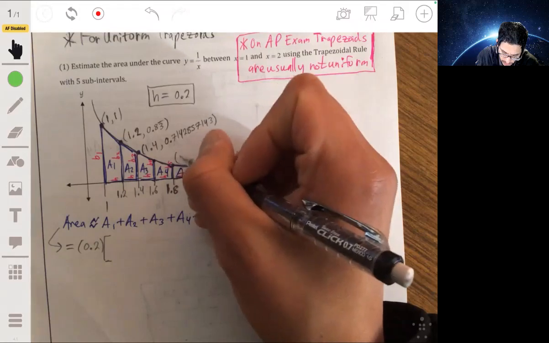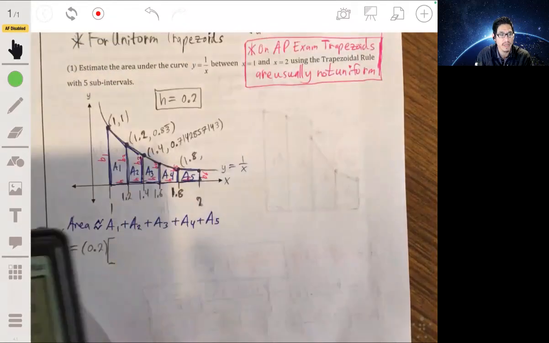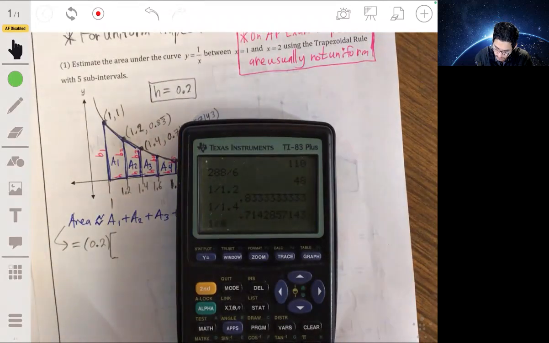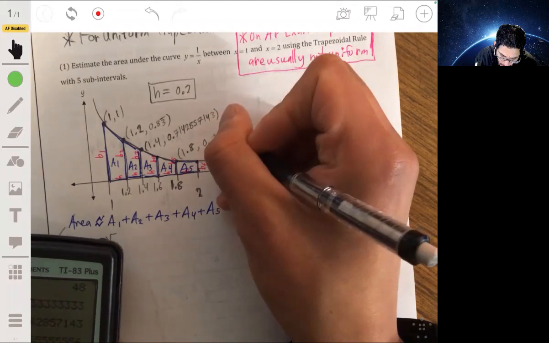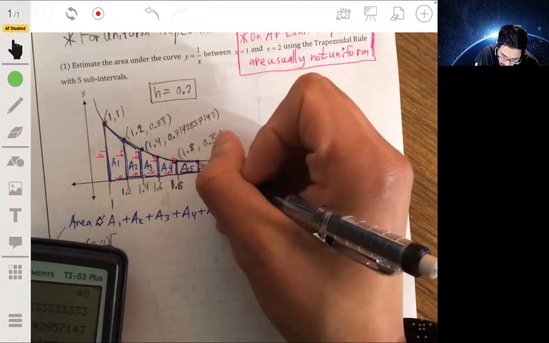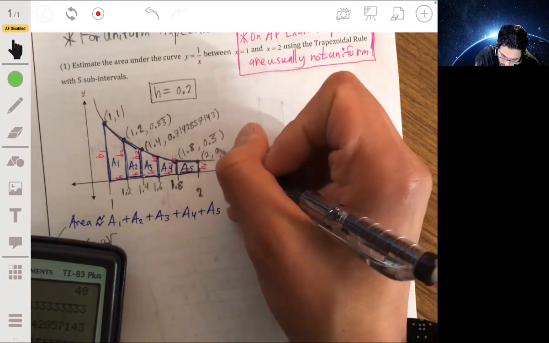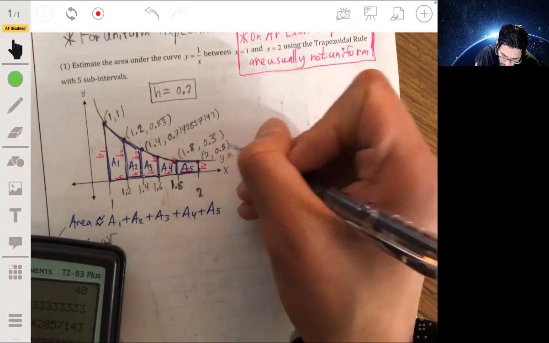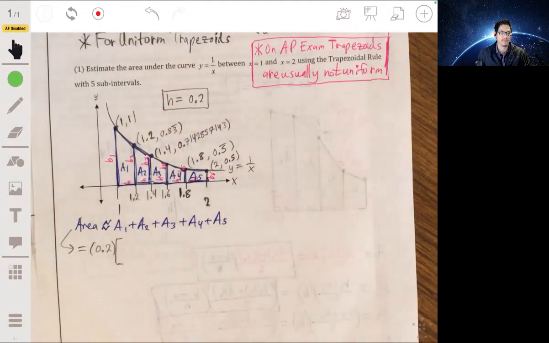This next one will be 1.8, f of 1.8, or 1 divided by 1.8, 0.55 repeating. Its last value will be at 2, f of 2, or 1 over 2, which is 0.5. Do that ahead, because then this will make the rest of the problem easy, since you already have all the bases.